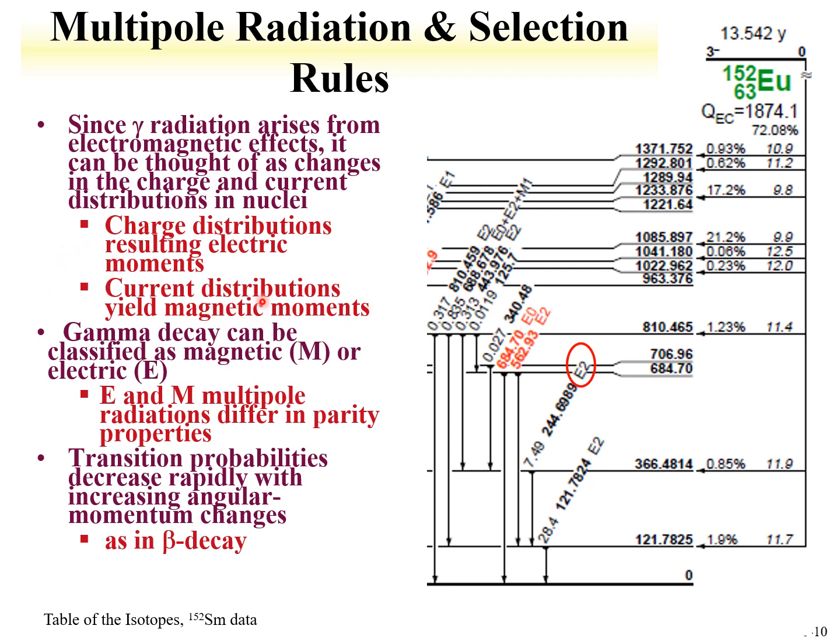So we can describe gamma decay as either magnetic, if it results from a change in currents, or electric, if it's a change in charge. We're going to go over some rules about spin and parity related transitions and how they can be used to classify whether a decay is magnetic or electric, M or E.